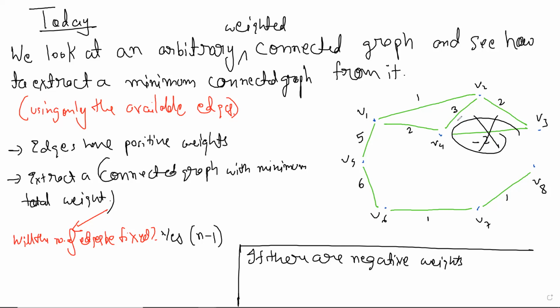So it seems like you should use more than n minus 1. But then you get a cycle if you add a negative weight, and then you can remove another positive weight and get lower even further. So you will still need n minus 1. Using more than n minus 1 will still not give you the minimum, right? Just think about it.